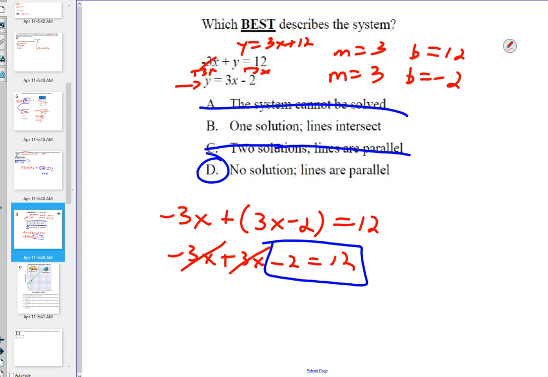Anytime that two lines have the same slope, it's either going to be infinite solutions or no solution. If they also have the same y-intercept, then it's infinite. But since they have different y-intercepts, that means it's no solution. Two lines that have the same slope but different y-intercepts are parallel.